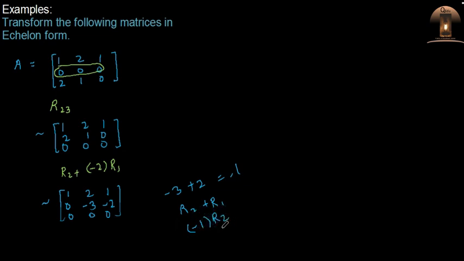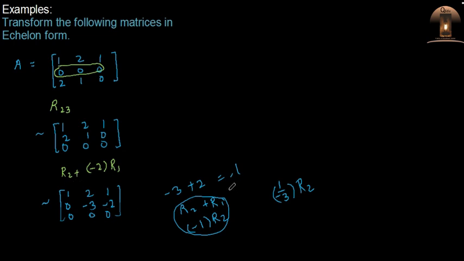So this is the first possibility, we can apply these two operations to make this minus 3 into 1. Or there is another possibility that we can multiply row 2 by 1 upon minus 3. So let us see which of these we can do, the one that does not affect the elements of this matrix.